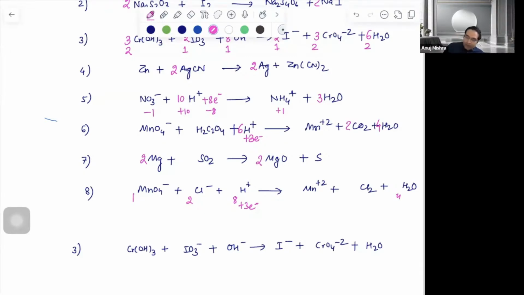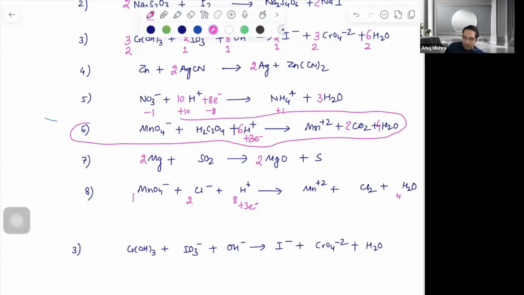Now coming to the 6th question, which I think all of you have suggested also. Now there is a small problem in this. This equation should not carry electrons anymore, considering it's a redox reaction, right? Reduction will happen and oxidation will happen, so no electrons should remain. So balancing has to be slightly better in this case.